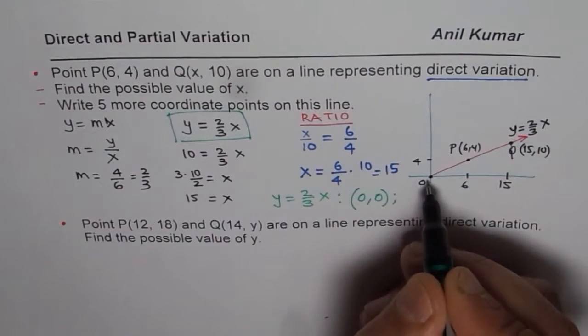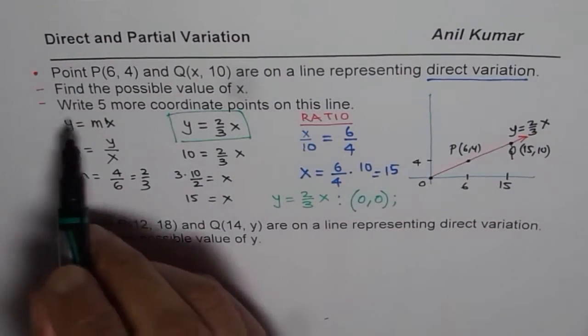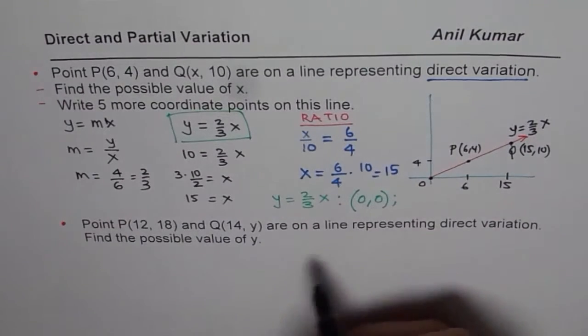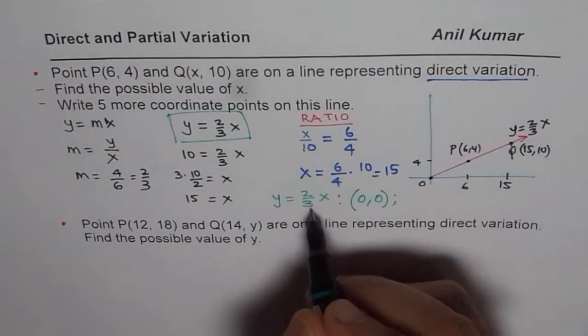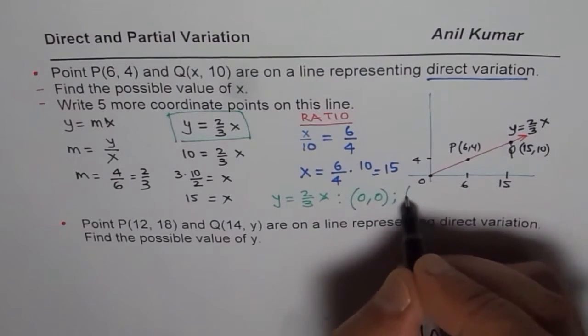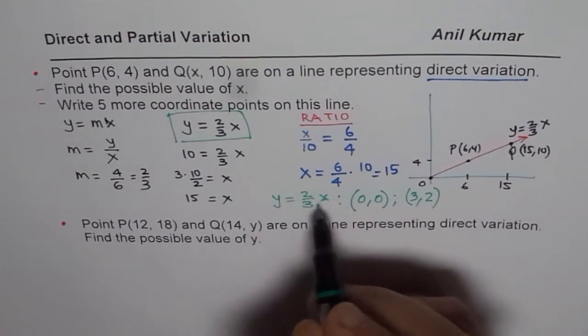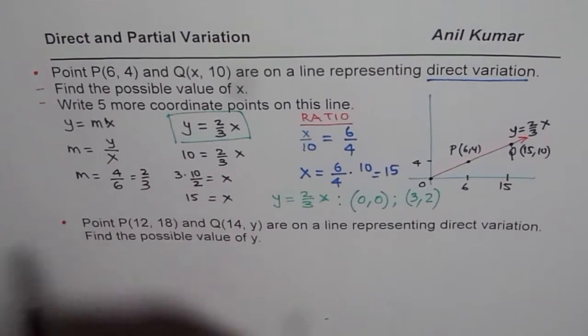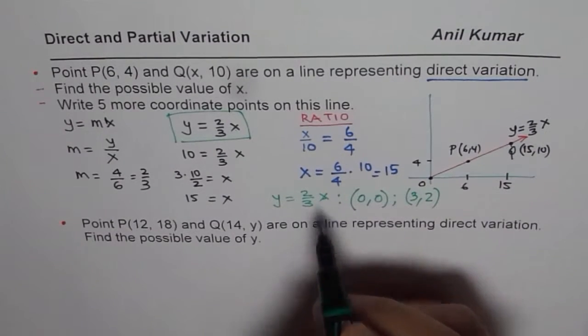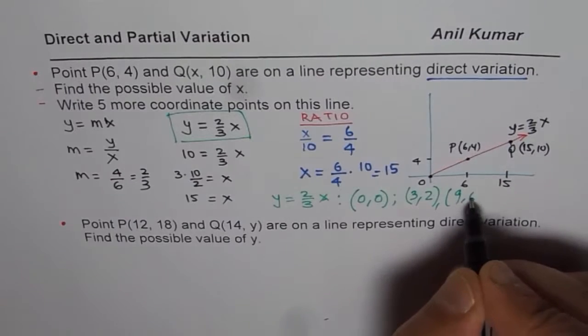Now let's take multiples of 3 so that we don't land up in fractions. If I take x as 3, then y will be 2. The next multiple of 3 is 6, which is already taken. We can take 9. For 9, it is 3 times 2, which is 6.